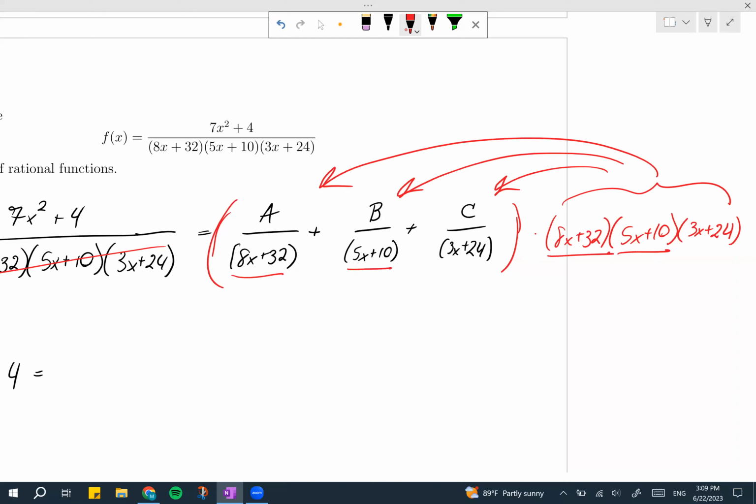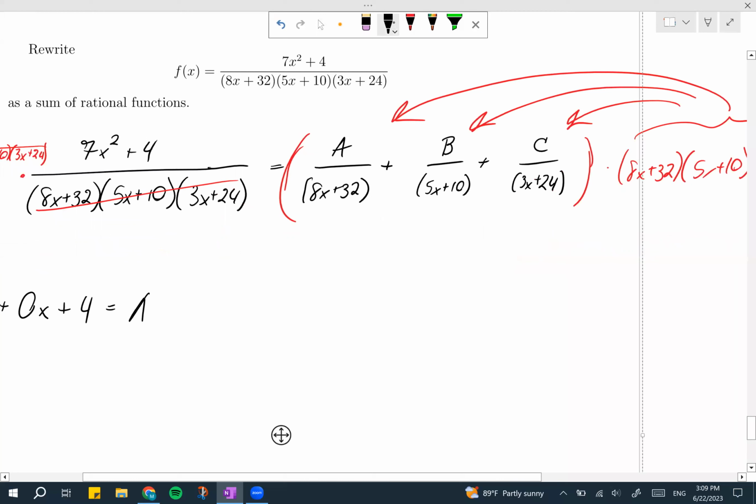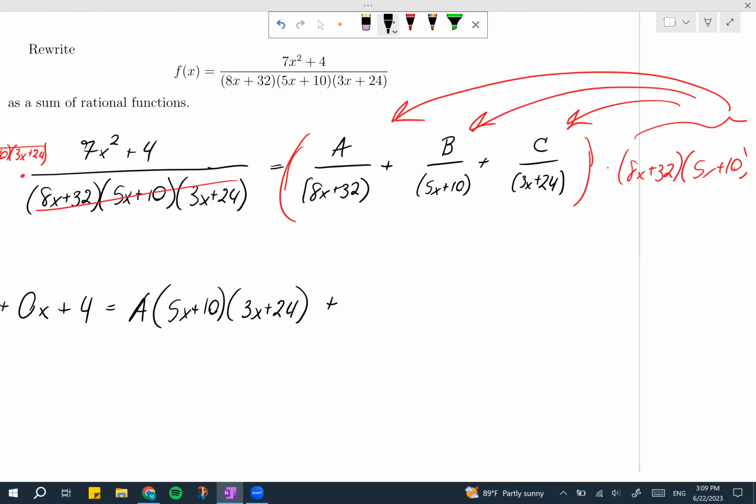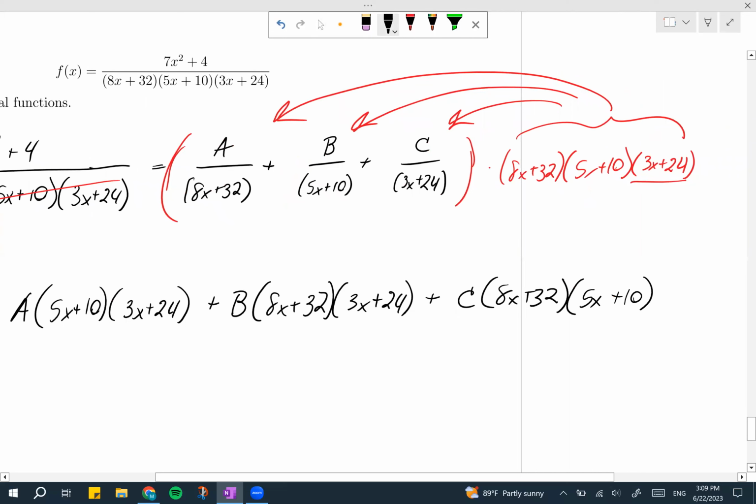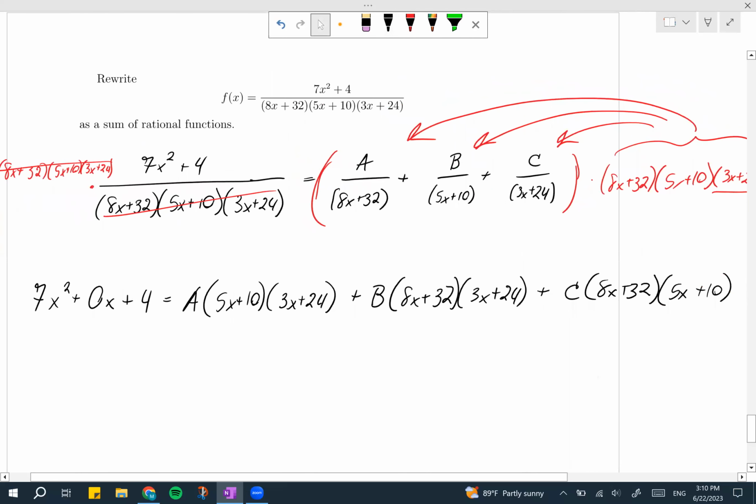The 5x plus 10 will cancel with this when I multiply it to the B. And the 3x plus 24 will cancel when I multiply it to the C. So on my right-hand side, what I will have is A times 5x plus 10 times 3x plus 24, plus B times 8x plus 32 times 3x plus 24, plus C times 8x plus 32 times 5x plus 10. All right, now I'm going to FOIL each of these.